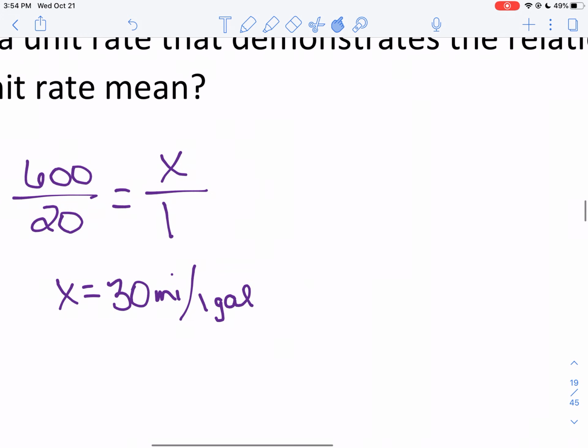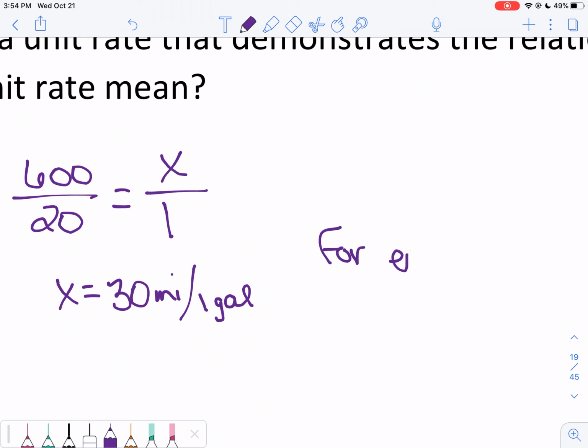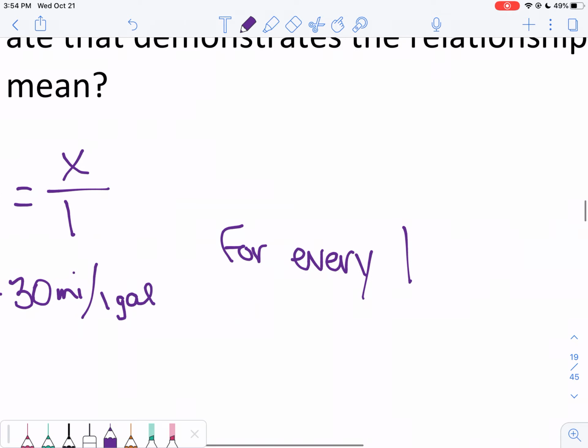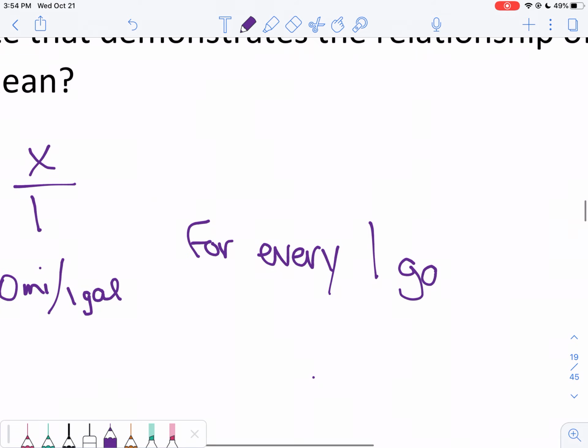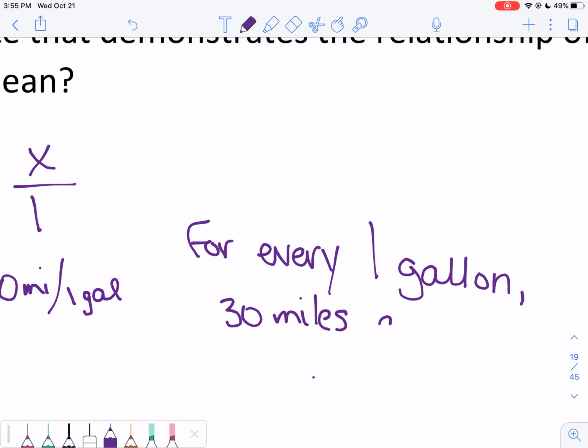And so what does that mean? What does the unit rate mean? It means for every 1 gallon, 30 miles are driven.